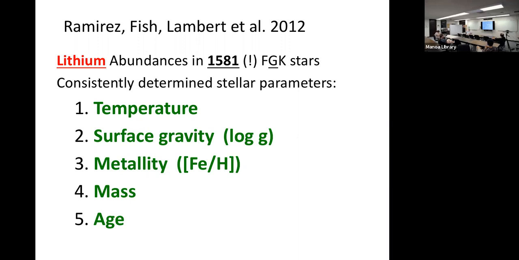These were F, G, and K stars, and we selected the G stars from this sample, G stars being solar stars, on the basis of the parameters that were determined so uniformly by this group. So we found solar temperatures, solar surface gravity, solar metallicity. Solar mass was one of our key criteria, and age.